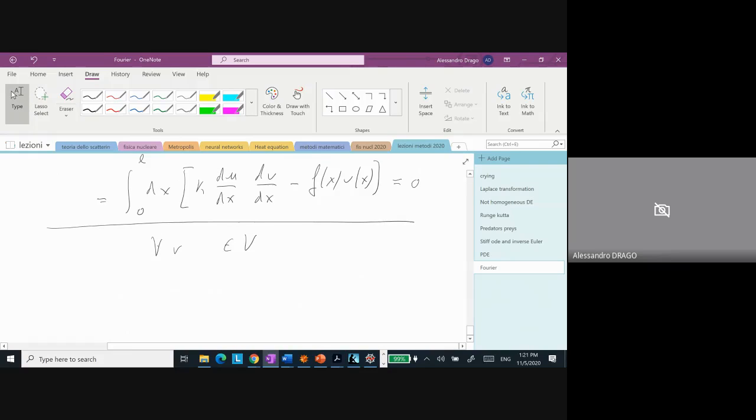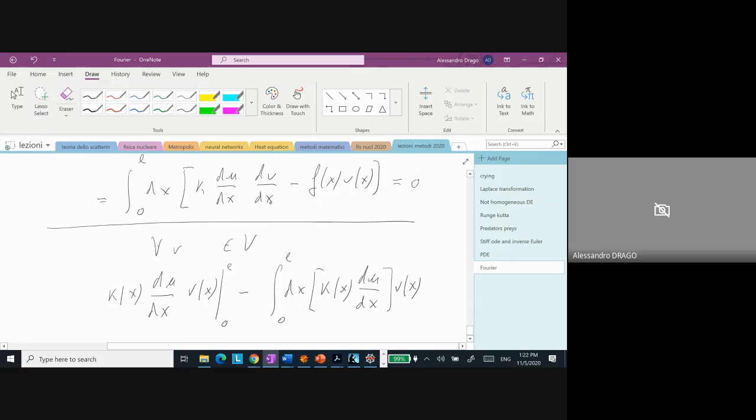And we do, as usual, the opposite movement. So we perform, again, a partial integration. The first term becomes K(x) du/dx V(x), evaluated between 0 and L, minus the integral between 0 and L, dx of d/dx of K(x) du/dx, times V(x).